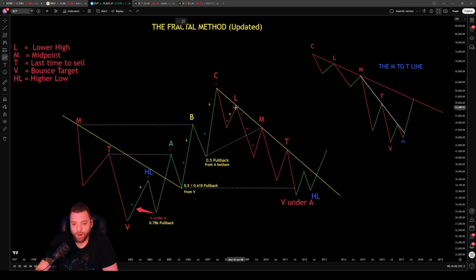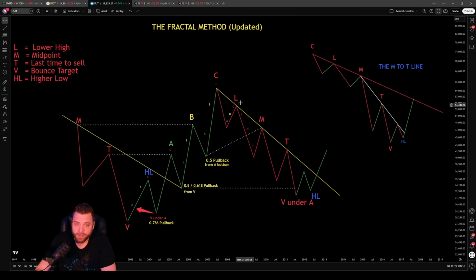L is only ending when it's dropping under the point where it started. So at this point. Only then M can start. Means, you see here, we start our L, we make our L peak, we fall. Then the M can start.